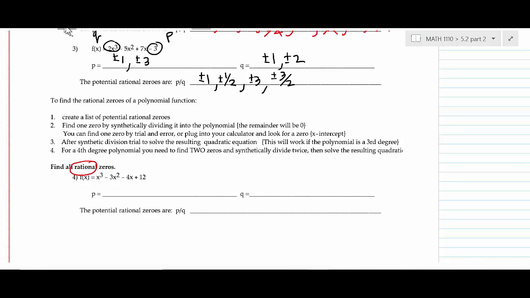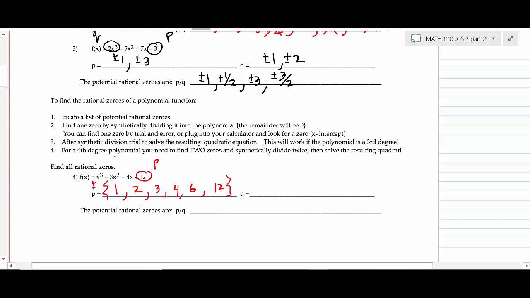So what we're going to do on this is we're going to go ahead and do this list one more time. So with this, P is going to be all the factors of 12. So that's going to be 1 and 12, 2 and 6, 3 and 4. Now, I don't mind if you write it like this. If you just put like a little brace or something and put plus minus, I'm okay with that, because I know what you mean.